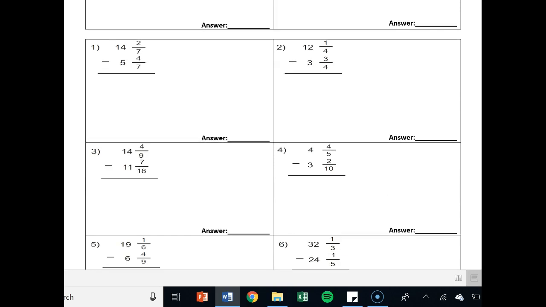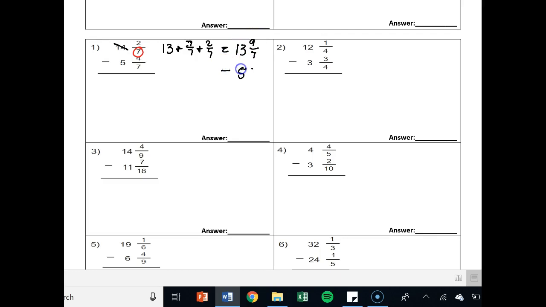And then this last section, subtracting, notice we already have the common denominators, but we're going to have to actually borrow. So just like we did in that last problem. So if I'm borrowing one whole, the whole number becomes 13. The denominator tells me how much to borrow here, so that's plus 7/7 plus 2/7, which then becomes 13 9/7, because 7 plus 2 is 9, right?